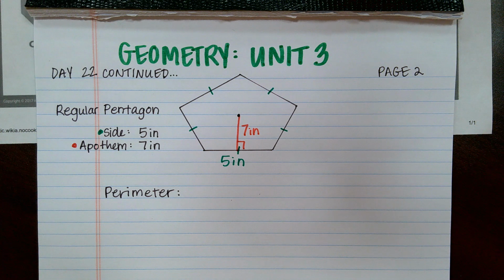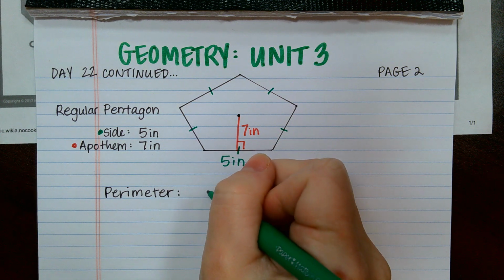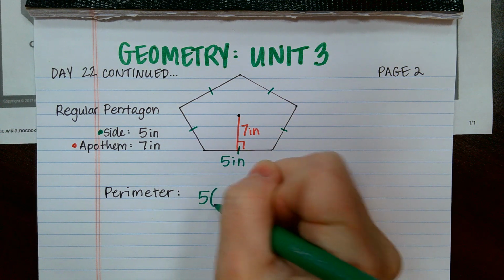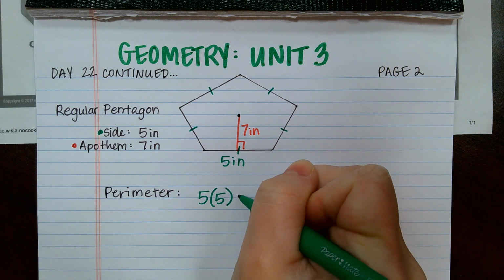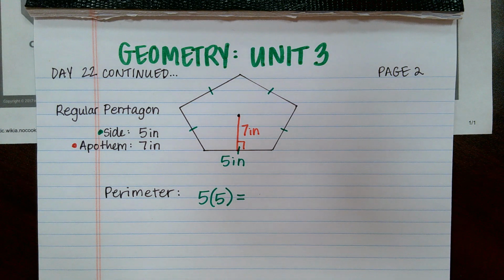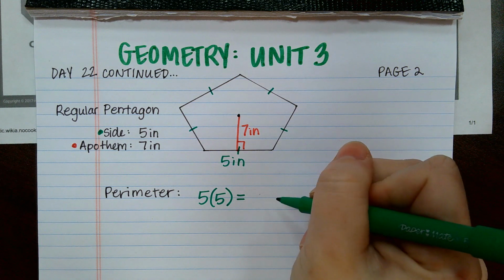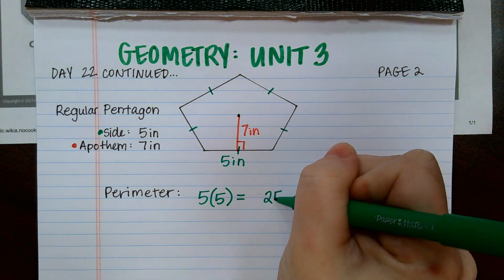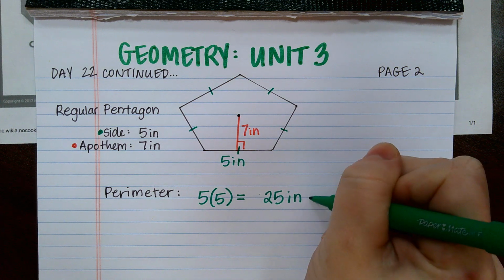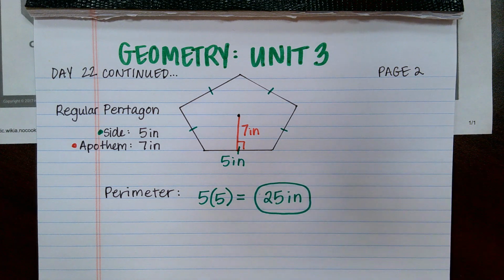We could do 5 plus 5 plus 5 plus 5 plus 5, or we could do 5 times 5. Yes, perfect. So 5 times 5. And what is that going to give us for our perimeter? 25. 25 inches. Perfect.